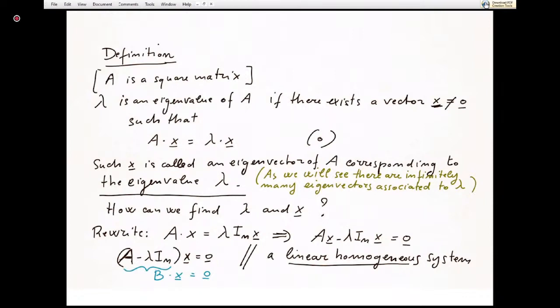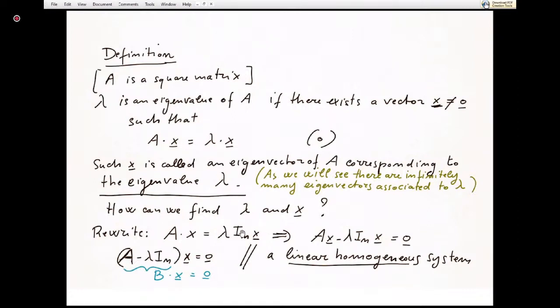This is the main point that uses a little bit of algebra. We have to start with this property that defines the eigenvalue and the eigenvectors. So A times x is equal to lambda times x. I rewrite this in this way: A times x is equal to lambda times x, but x can be regarded as the identity matrix times x, okay?